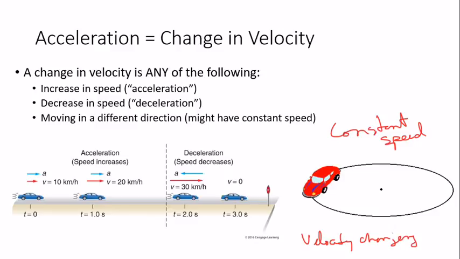Because remember, velocity is speed and direction. Its velocity is changing because its direction is changing. And if its velocity is changing, that means that we have, dun dun dun, by definition, acceleration. Okay?